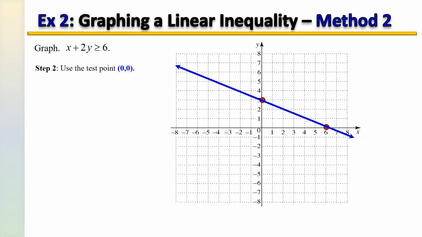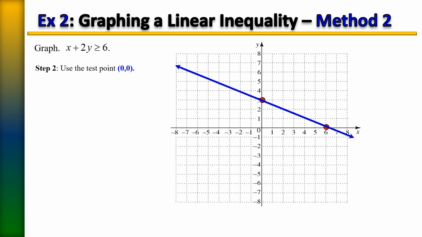So here we're given an equation in standard form, and recall, when an equation is in any other form, you can use what is called the test point method. So the test point method is using the test point 0, 0, which is located right at the origin where the x and the y axis intersect.